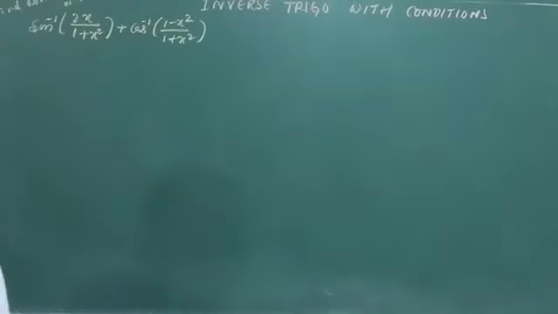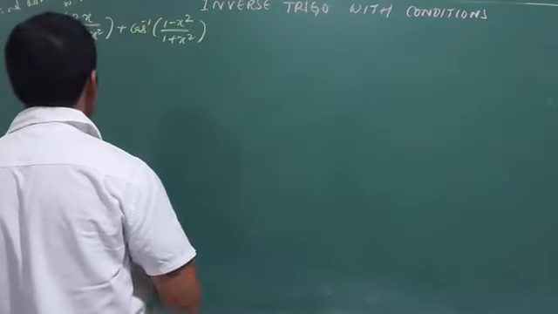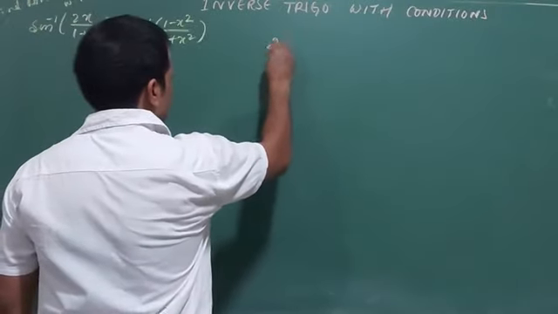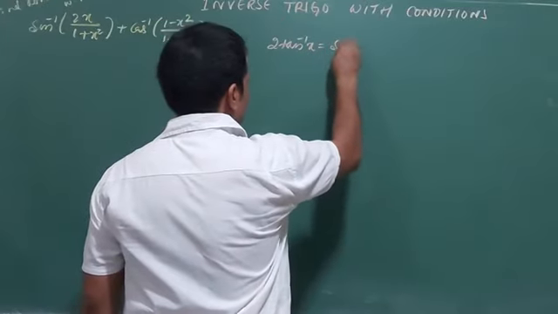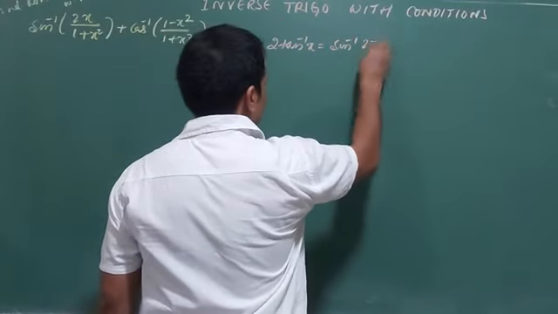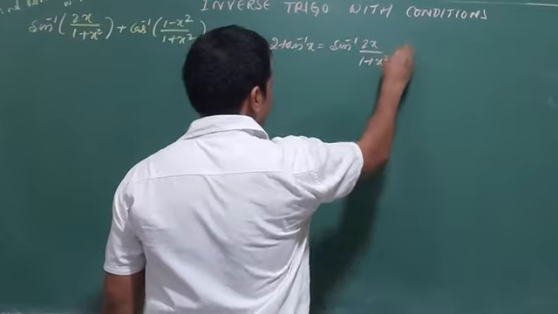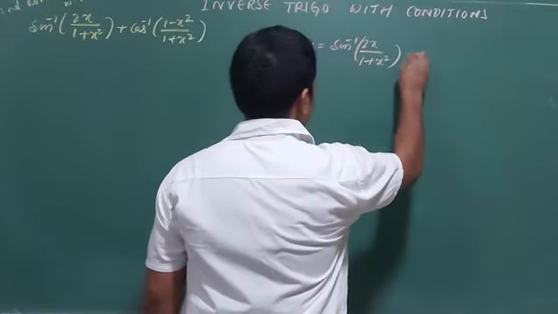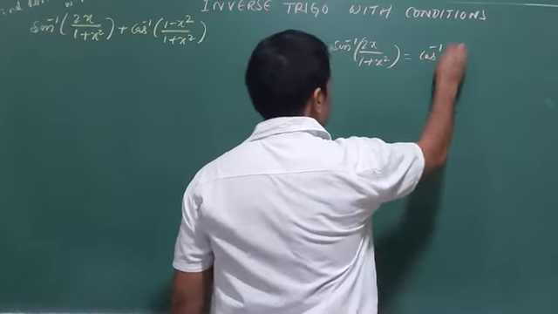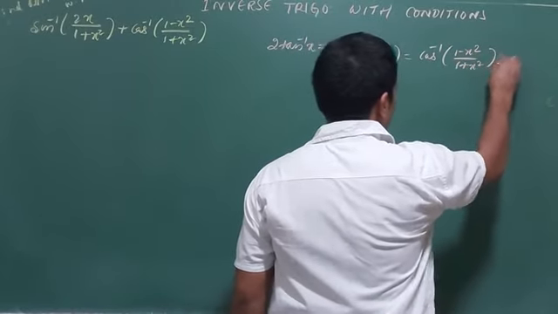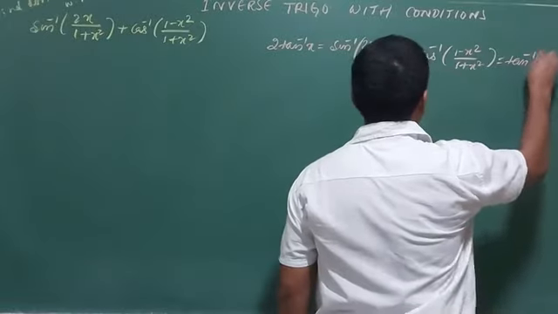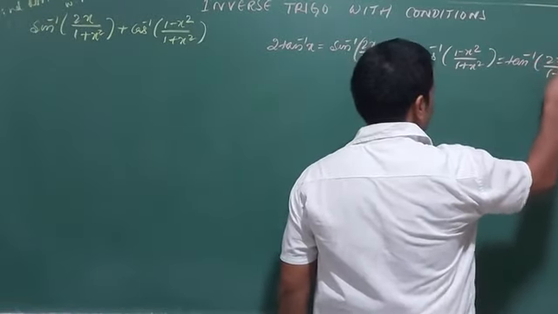If no conditions are there, generally what I do here is write down 2 tan inverse x is equal to sin inverse 2x by 1 plus x square, is equal to cos inverse 1 minus x square by 1 plus x square, tan inverse 2x by 1 minus x square.